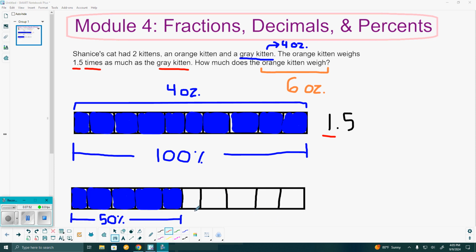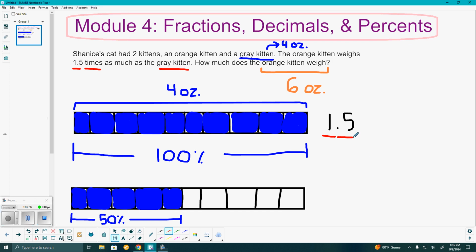This bar right here is another 100%, but I only need 0.5 of it. So I color in 5 of the 10 boxes, meaning that I'm coloring in 50%. I'm coloring in half of it.